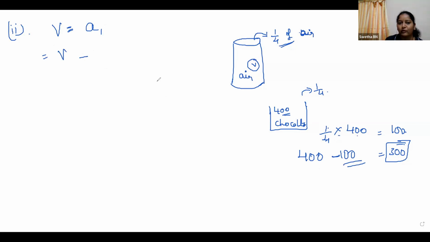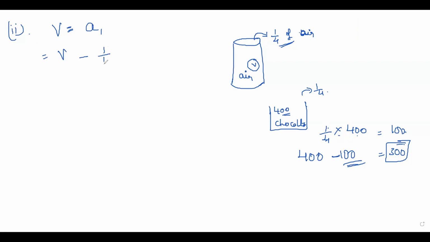How will you write 1/4 of 400 here? Can you tell me, Panchami? I have written V here, volume is V minus. How did we get 100 here? 1/4 of 400 is 100. So how will you write that here? V minus 1/4 of what?